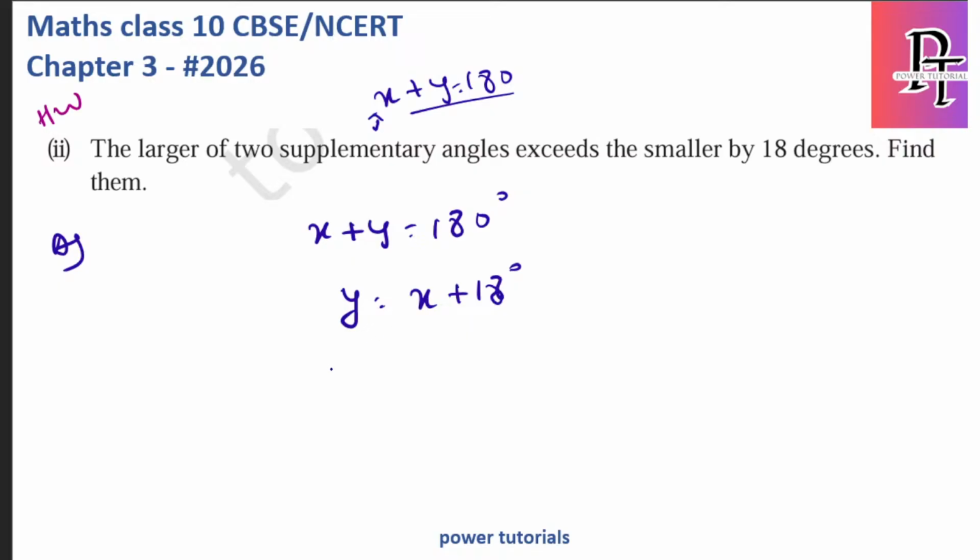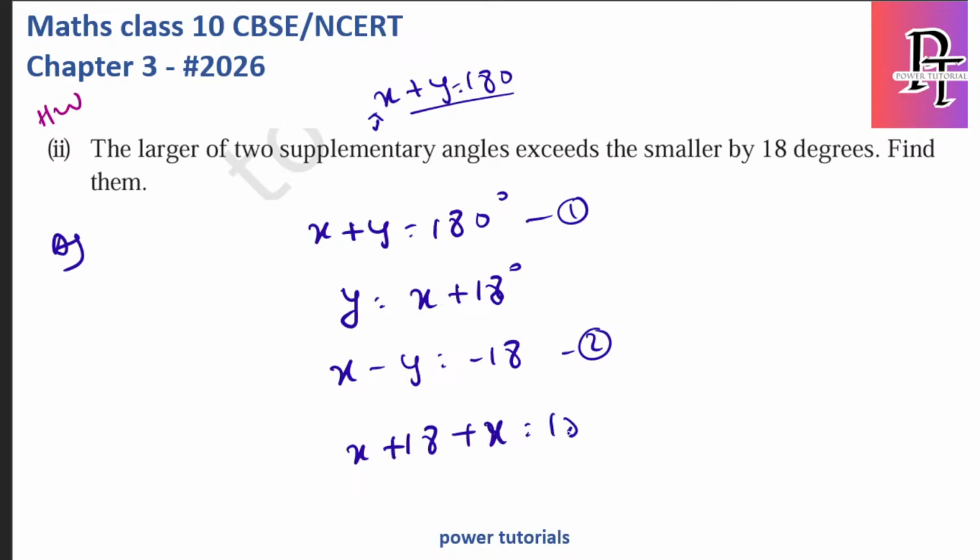Okay, we have both the equations. So I can say x minus y is equal to minus 18 if I move 18 to the left side and y to the other side. So this is equation 1 and this is equation 2. I'll substitute the y value in the first equation. Then this becomes x plus 18 plus x is equal to 180. So 18 plus 2x is equal to 180.